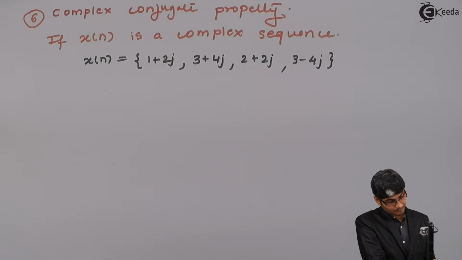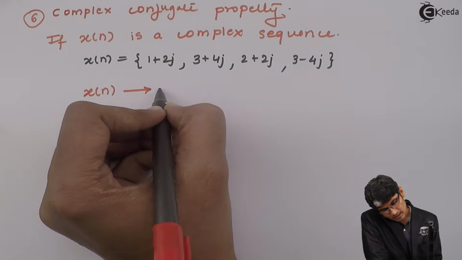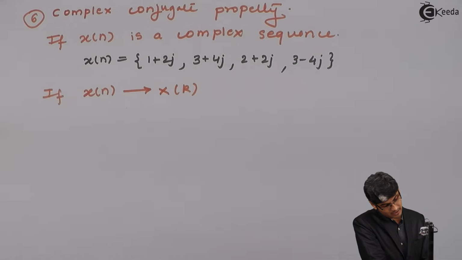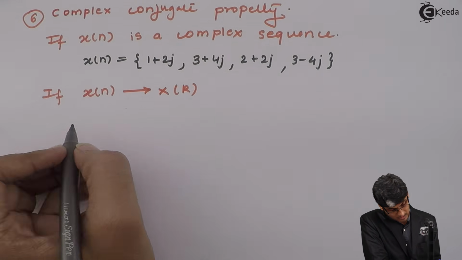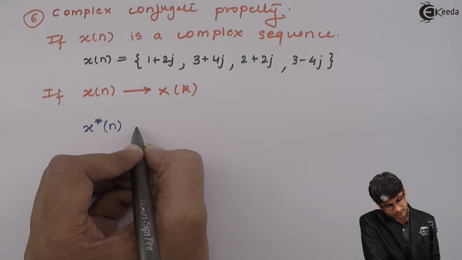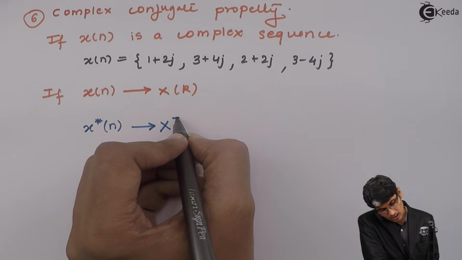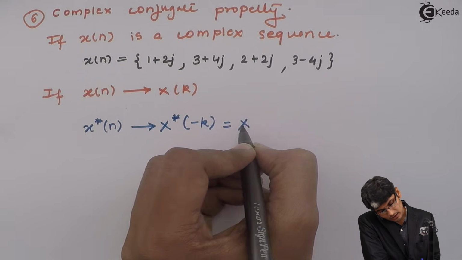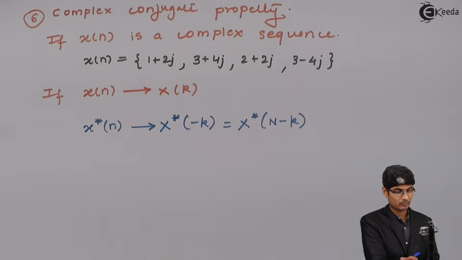And suppose the DFT of x of n is X of k. Then x star of n, the complex conjugate of x of n, results in X star of minus k, which can also be written as X star of N minus k.